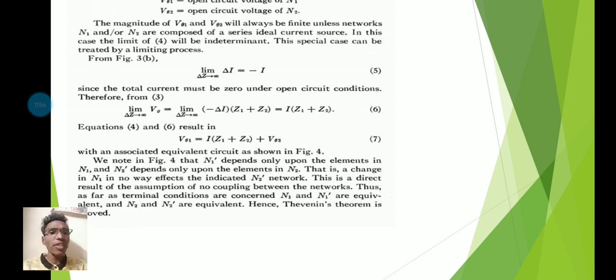Now V1 and V2 depend only upon elements in N1 and N2 respectively; a change in N1 in no way affects N2. This is a direct result of the assumption of no coupling between the networks. Thus, as far as Thevenin's conditions are concerned, N1 and N2 are equivalent, and Thevenin's theorem is proved.